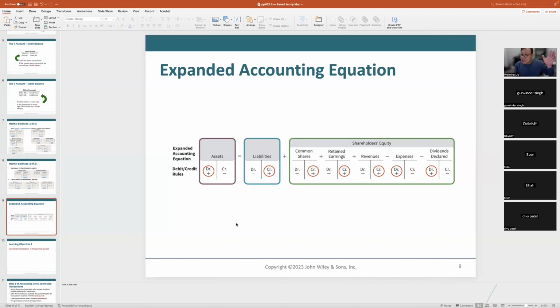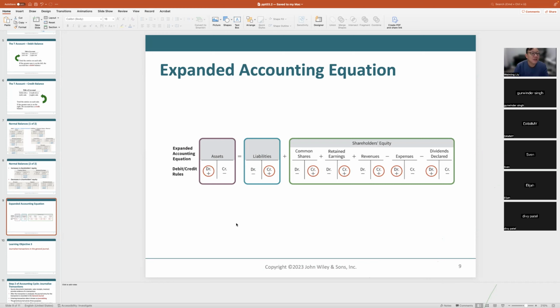So you're going to debit your contributed surplus. If we repurchase shares, you buy the shares back. So the shares balance will decrease. Because shares have a normal credit balance, to decrease it, you have to debit common shares.